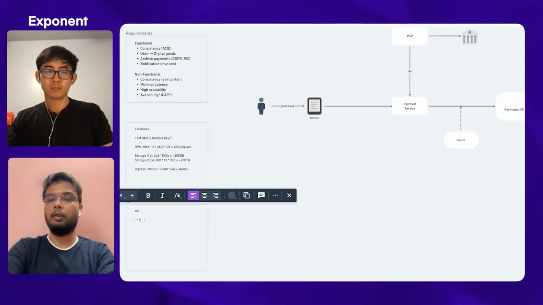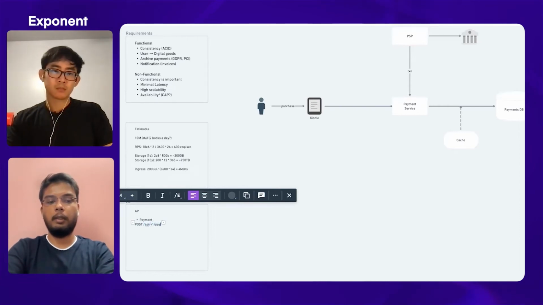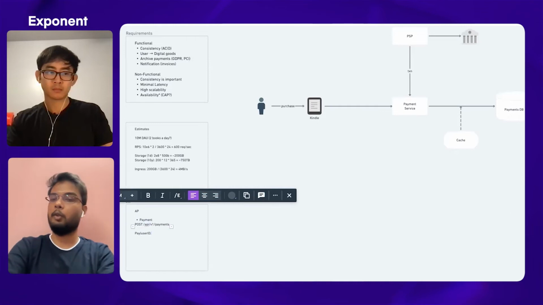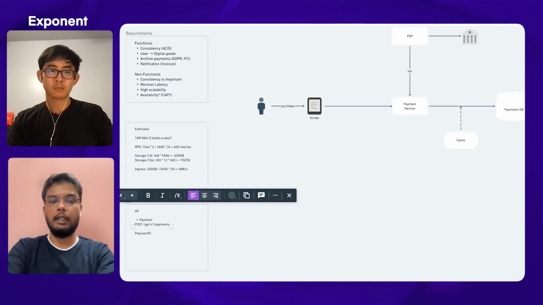The first API I would like to visit is the core API, which would be payment. So this would be a POST API, v1 payments. And here we will just have a pay method, which will take in a user ID. I'm assuming here that the user will already be authenticated with some sort of Amazon account and things like that. So we have user ID, UID, and we need a payment method.